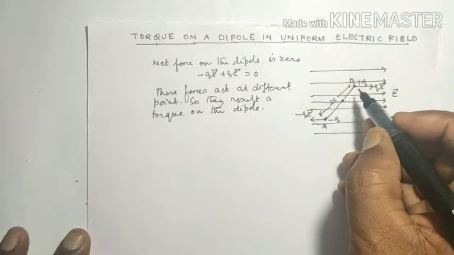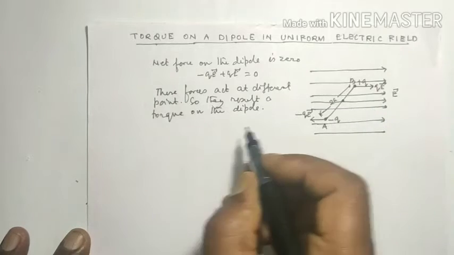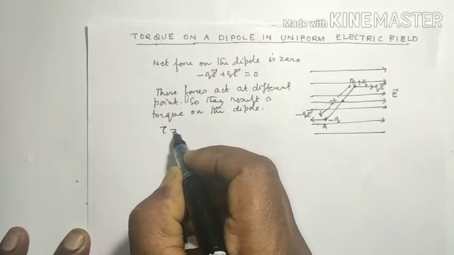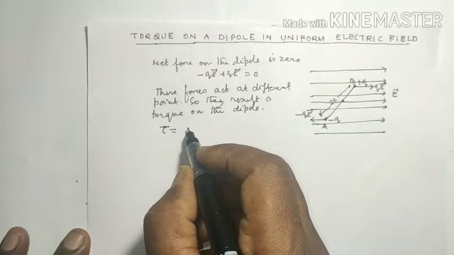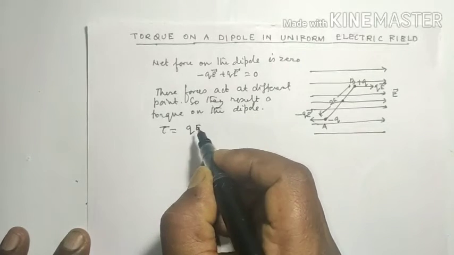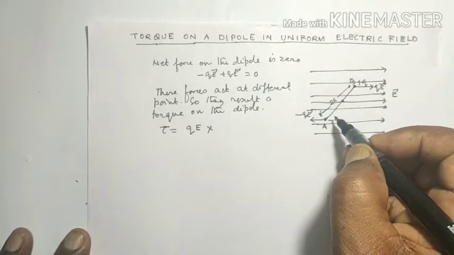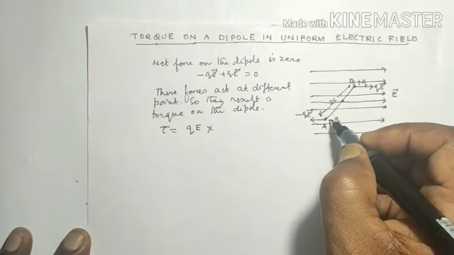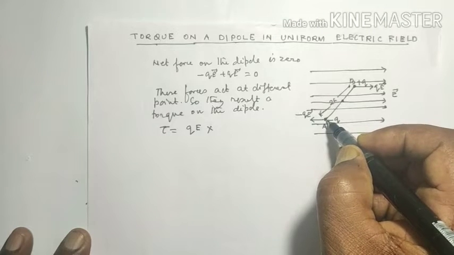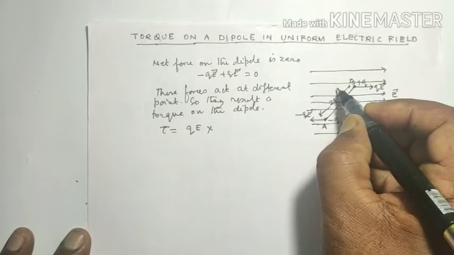It tends to rotate the dipole, so the magnitude of the torque tau is the product of the magnitude of either force, that is qE, into the arm of the couple. The arm of the couple means the perpendicular distance between these two forces. So this is minus qE and this is plus qE.